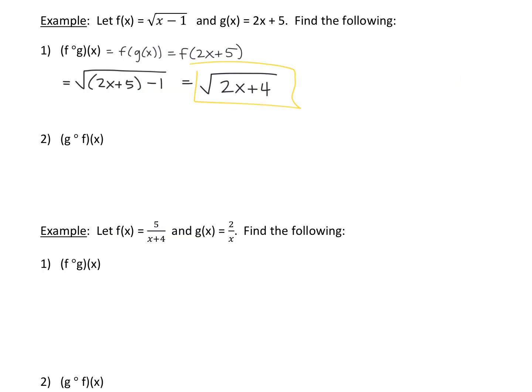Okay, now we're doing g of f of x. Okay, so please plug in f of x into g. All right, you got g of, you know f is square root of x minus 1.